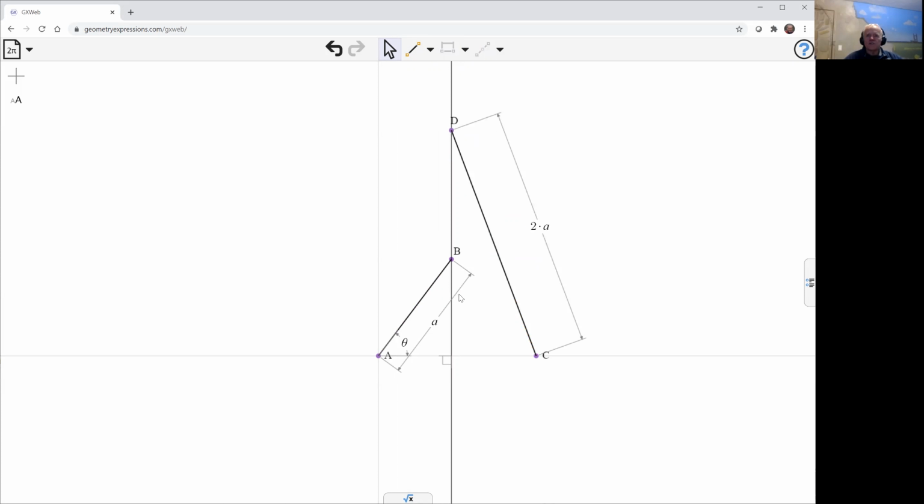And its distance to A from the distance, sorry, A from the origin.